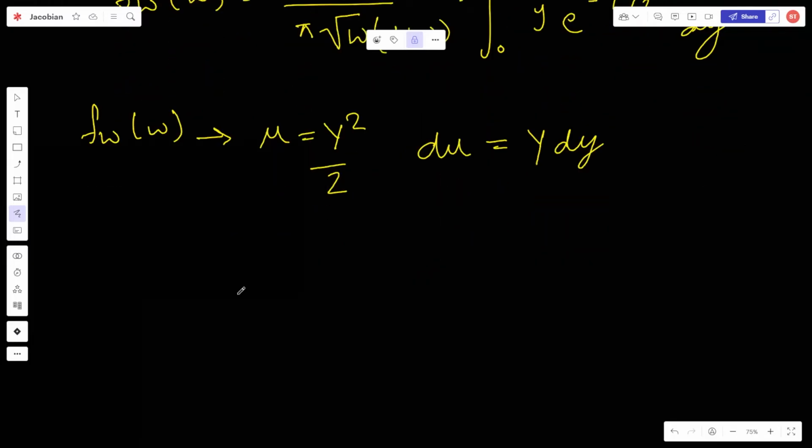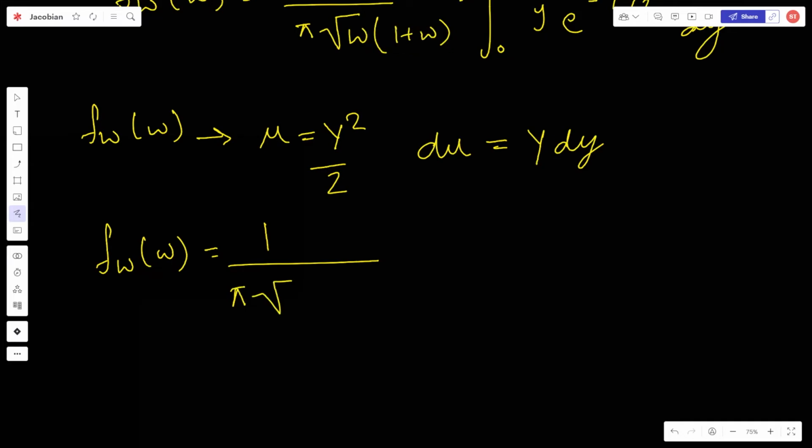So now our new distribution, f w of w, is equal to 1 divided by pi times root w multiplied by 1 plus w multiplied by e to the negative u du.